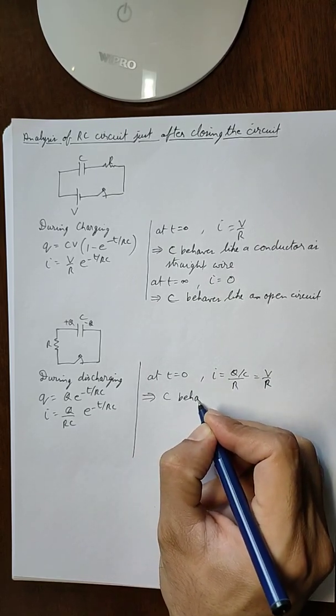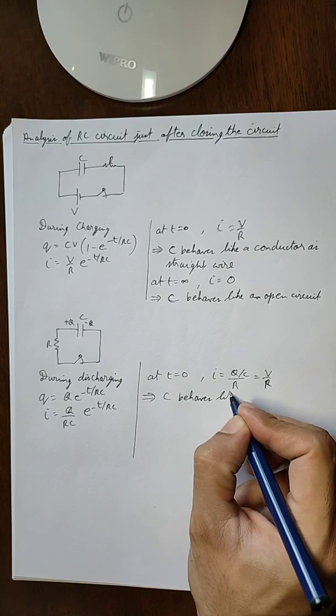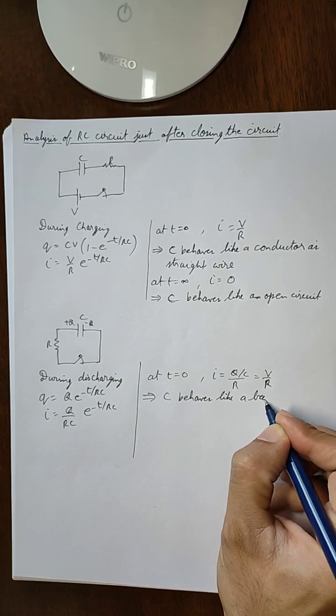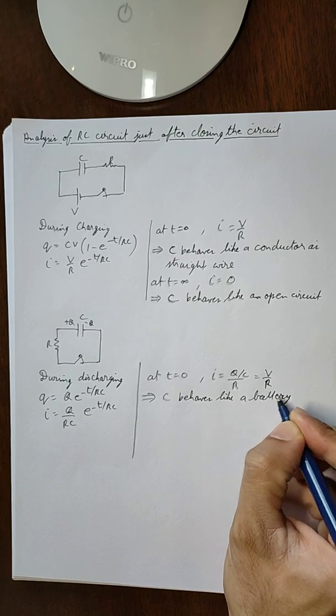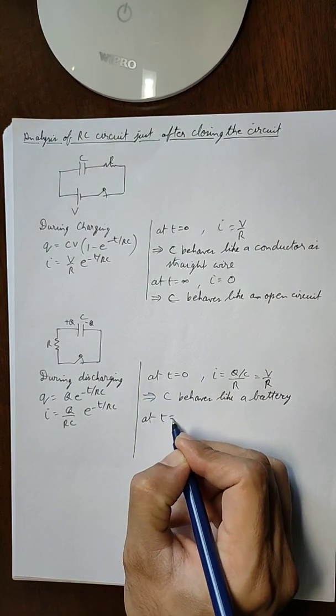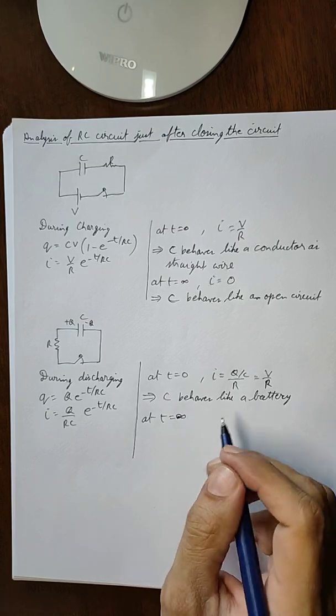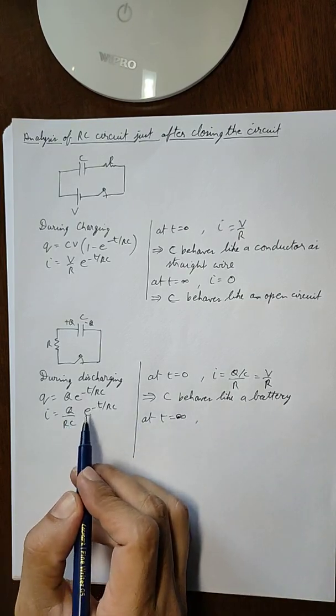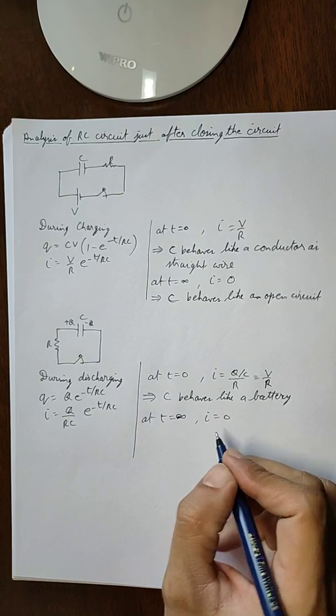C behaves like a battery because it is the only source of the flow of charge in the circuit at this moment of time. And similarly, we can find out at t equals to infinity, I becomes equal to 0.